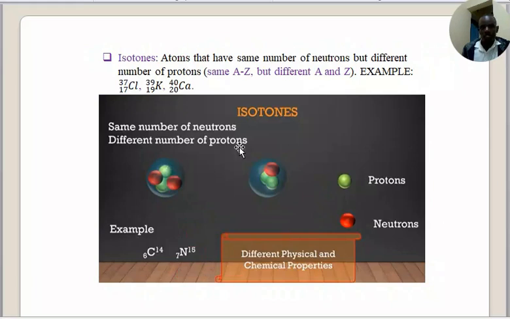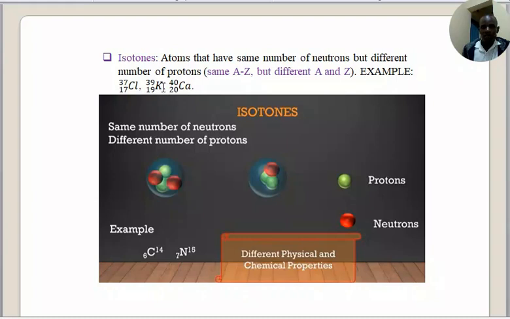Isotones, on the other hand, are atoms that have the same number of neutrons but a different number of protons. So we have the same mass number minus atomic number, but a different number of protons. For example, we talk of chlorine 37, potassium 39, and calcium 40.